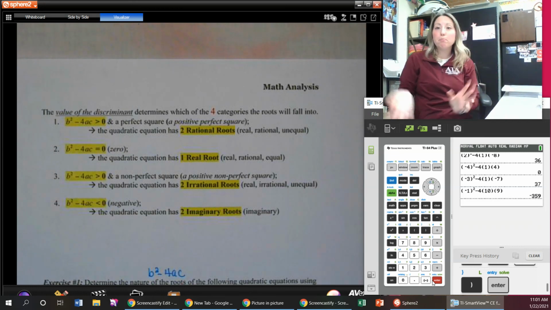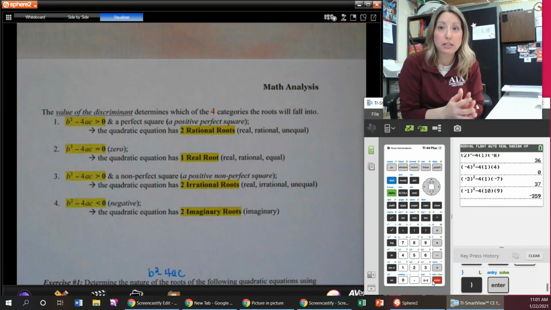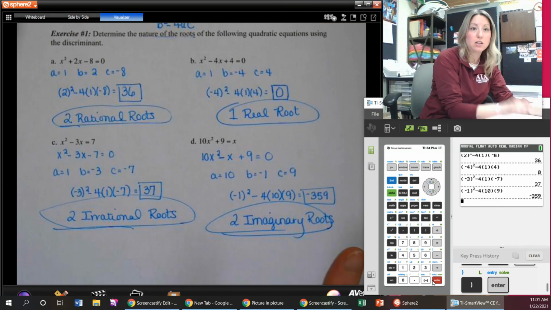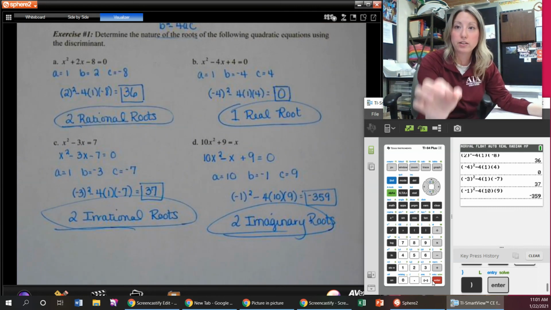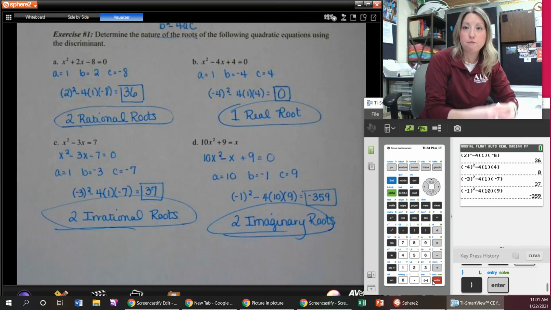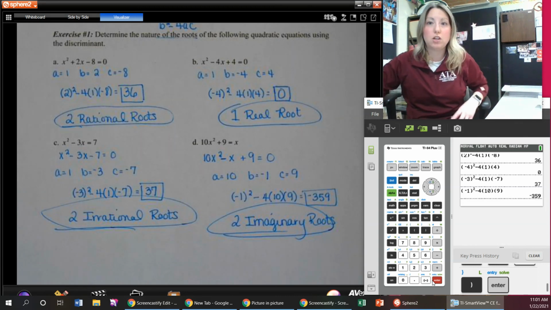Match them up. Let me know if you need anything, but make sure you're practicing plugging those in. Make sure you're practicing using b squared minus 4ac only to determine what the discriminant value is and what that means for the type of roots that you have.